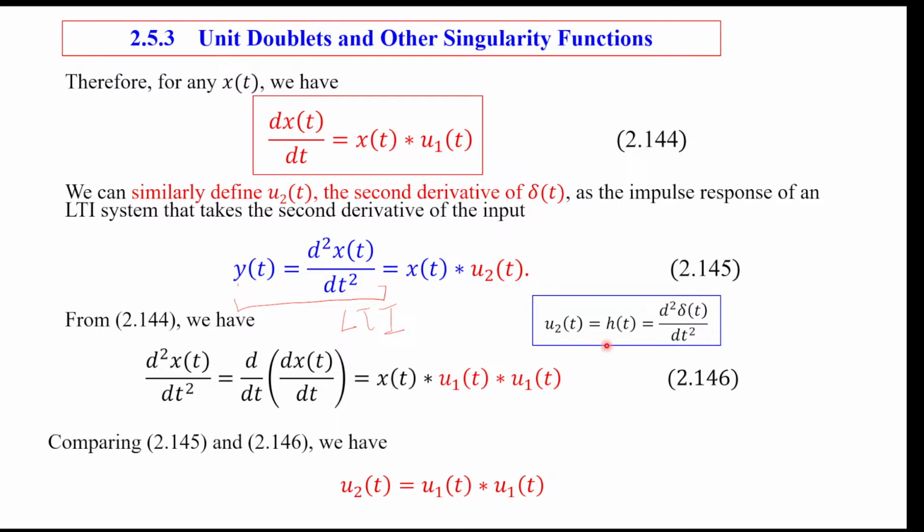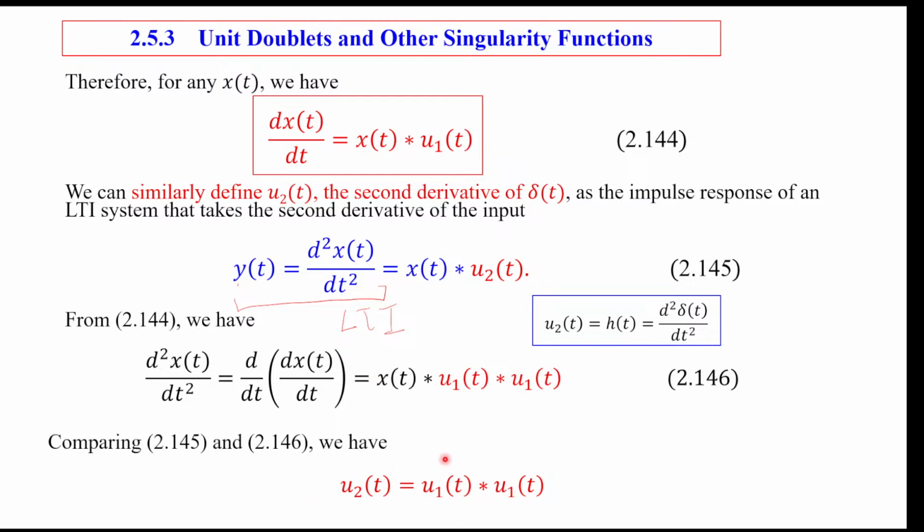Then we compare this system and this system, and this equation and this equation. You see that u2 will be equal to u1 convoluted with u1, and I guess here we use a little bit of the associative property of convolution. So u1 convoluted with u1 equal to u2.